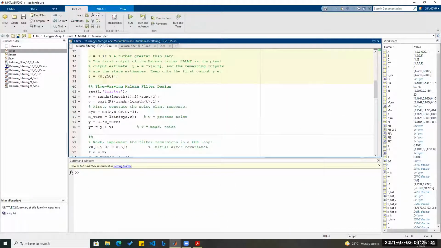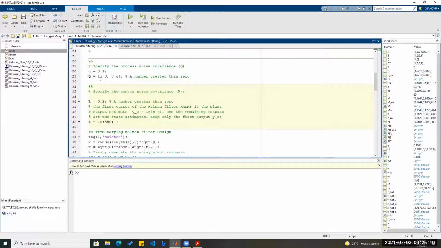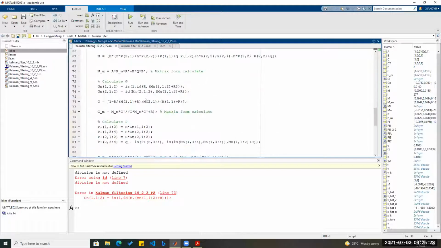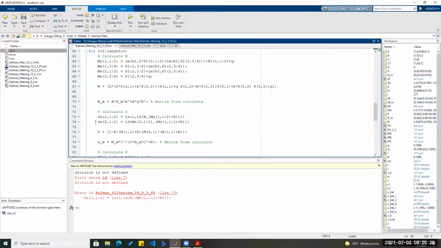The reason, I think, is because when you increase the time interval to 350 seconds, it gives you some error. Okay, then this error comes from when you do the division. See, it's from here, this line 93. When you do the division, you still remember the interval division.